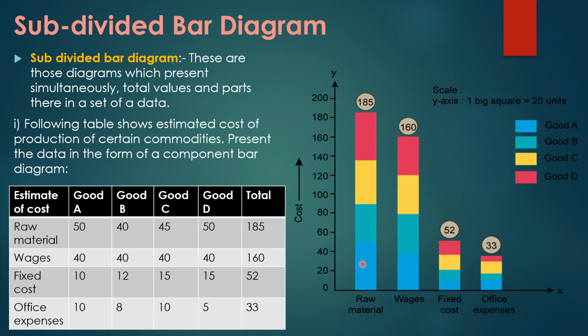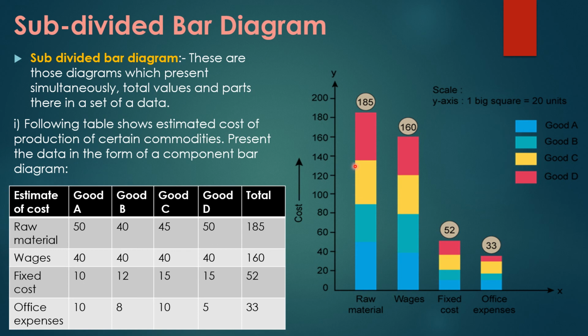On raw material we have spent 50, so it will be 50 here, colored in blue. So 50 is spent on good A. Then from 50 we will add 40, which will be 90, and this sea green color represents good B. After reaching 90, we will again add 45 to it.